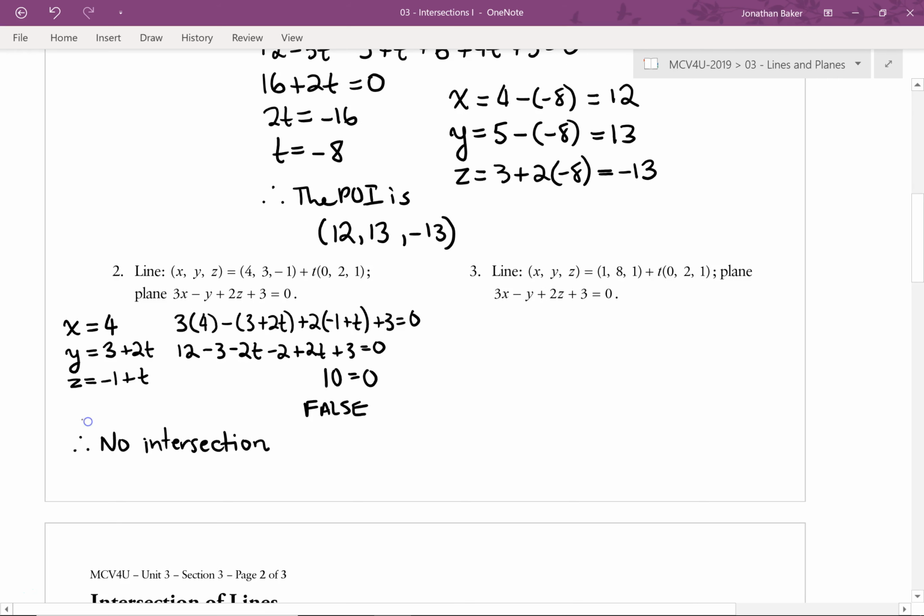We can say the line is parallel and distinct, which means different.